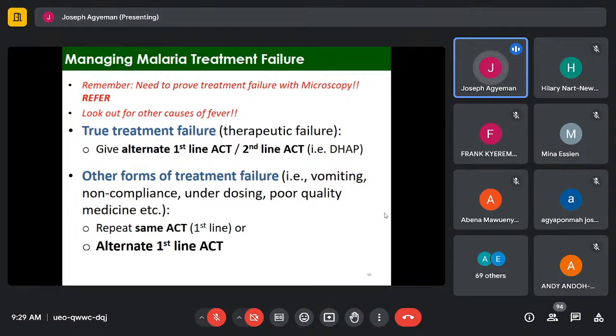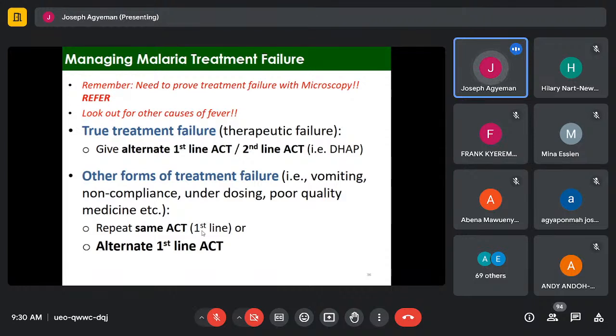But this time you make sure that whenever you vomit within a period of less than 30 minutes, you take another dose to replace the one that you've lost. And of course, you make sure that you comply. So you can repeat the same ACT, obviously one of those recommended as first line: artesunate amodiaquine, artesunate pyronaridine, or artemether lumefantrine.